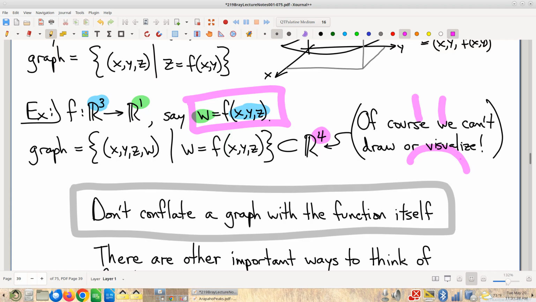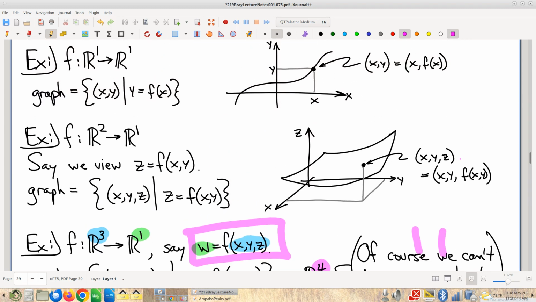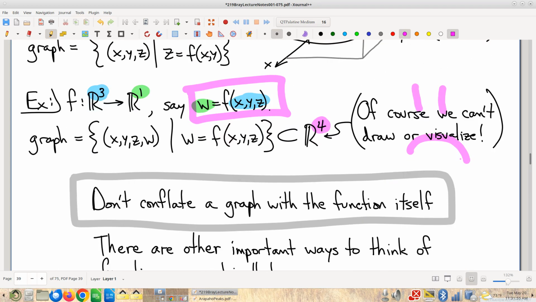So basically, thinking about a graph in anything other than the most trivial multivariable function. This is the most trivial. It's 2 to 1. Anything but the most trivial example, you can't draw the graph. Anybody see why we don't like this? We're going to encounter functions with 3 input variables, and we need pictures of some sort to help us understand them. And graph isn't going to do it.